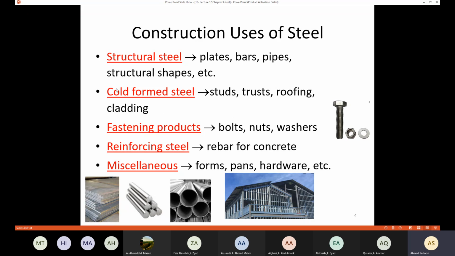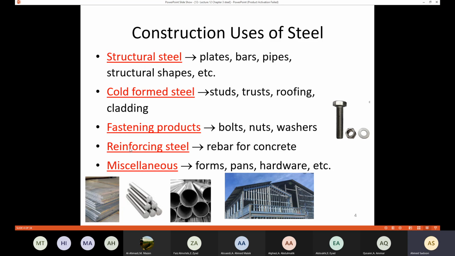Also, we have the cold-formed steel like the studs. This one here is called studs, used for trusses, roofing, and cladding. Also, we have fastening products like bolts, nuts, and washers. We have the bolt, we have the nut, and we have the washer.